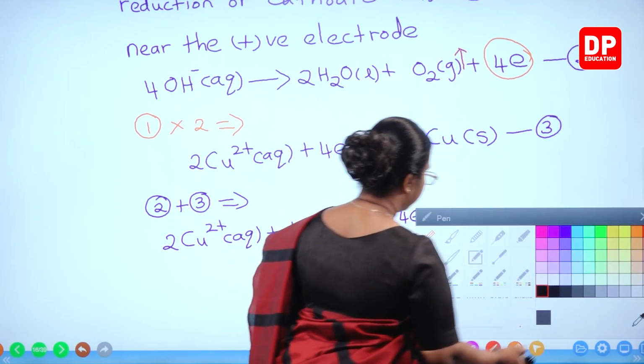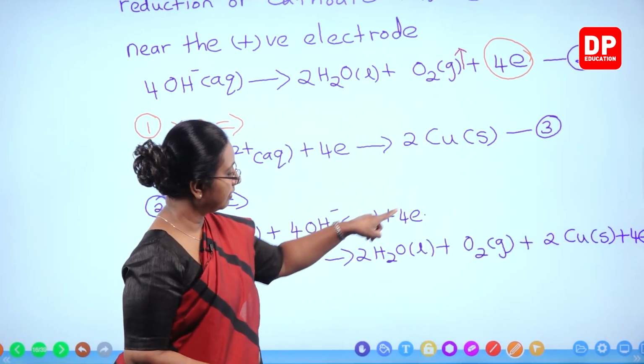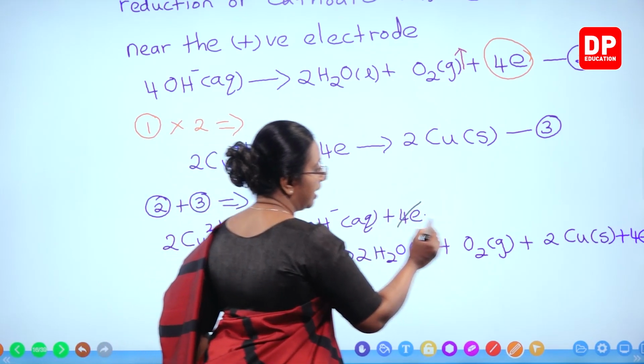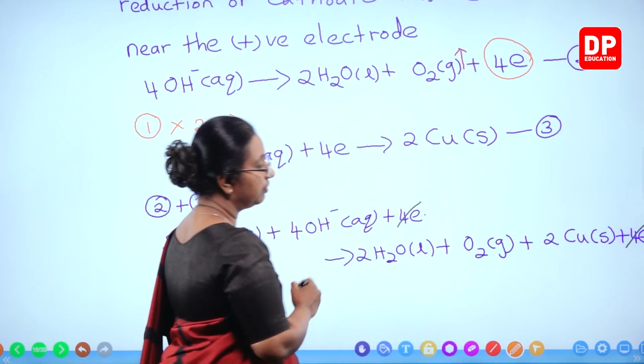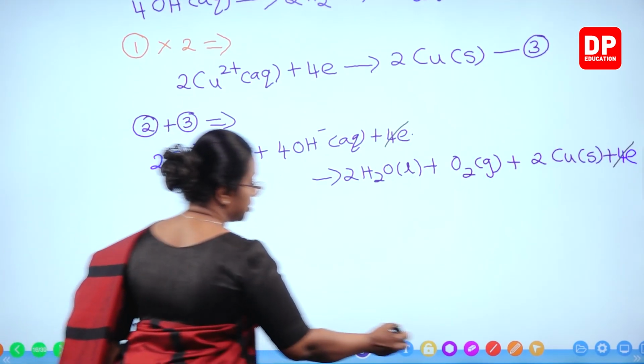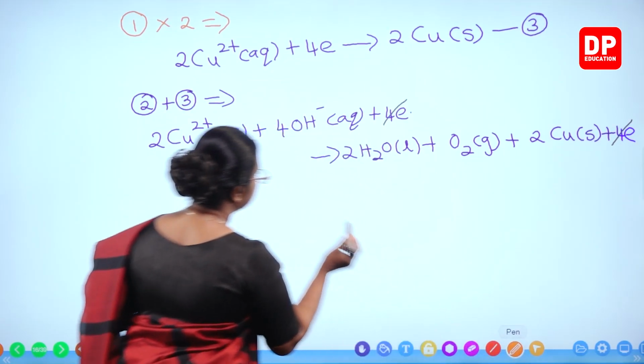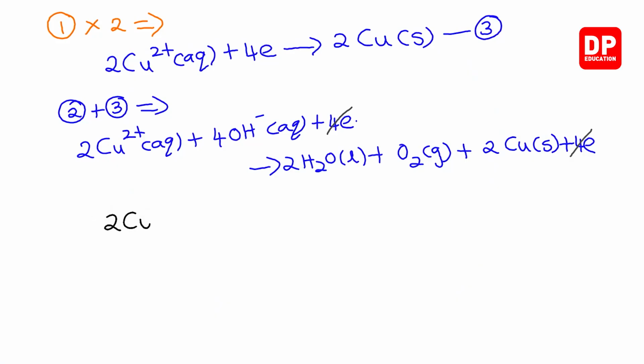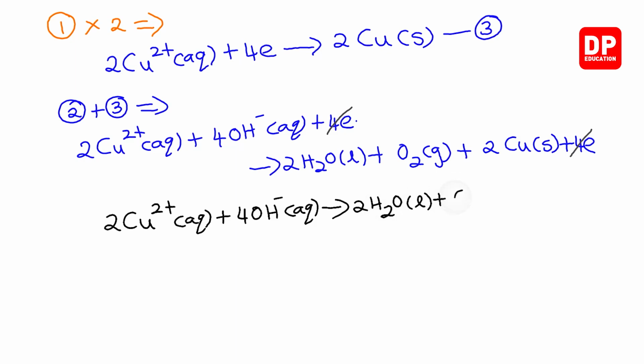Now out of these, here we have 4 electrons before the arrow and 4 electrons after the arrow. So we cancel them off. And finally, you get the equation 2Cu2 plus aqueous plus 4OH minus aqueous giving rise to 2 water liquid plus O2 gas plus 2 Cu solid.